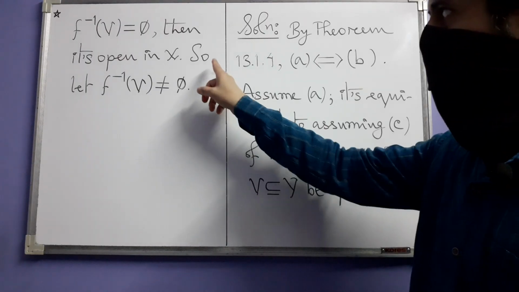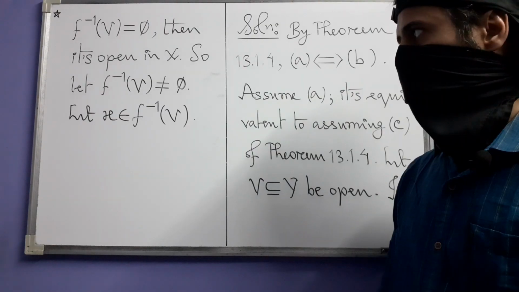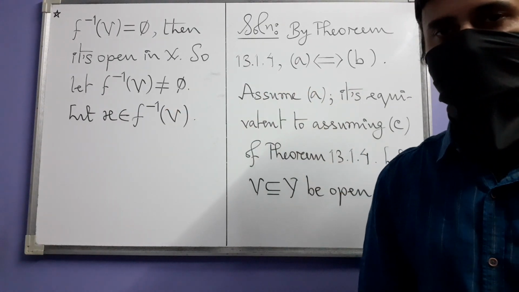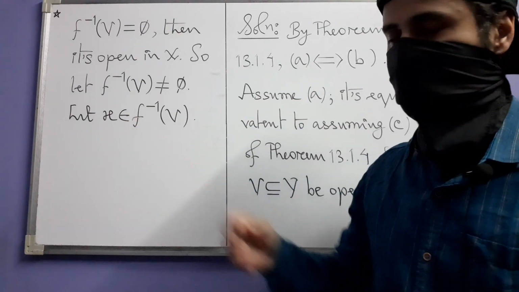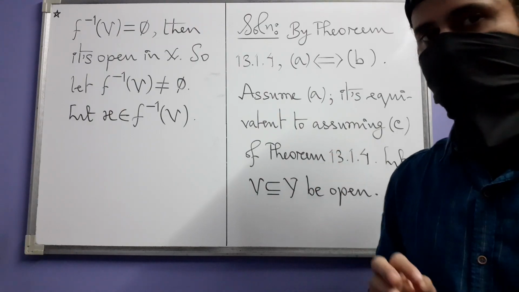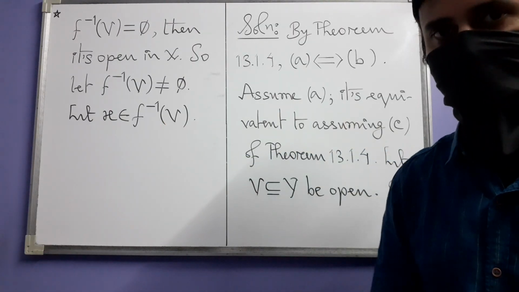Anyway, so next let f inverse of V be non-empty. So now we take any point x in f inverse of V. Our aim is to show that x is an interior point of f inverse of V.